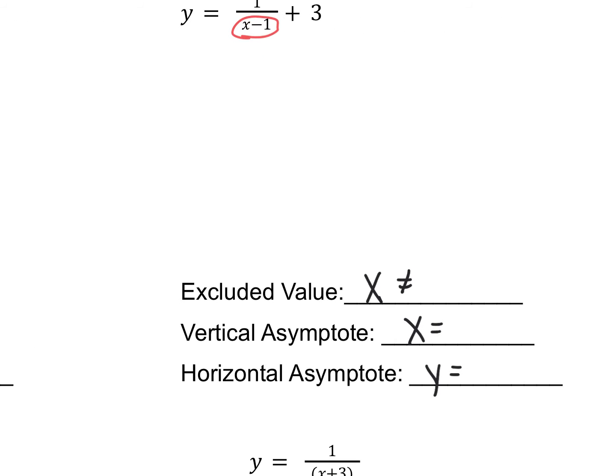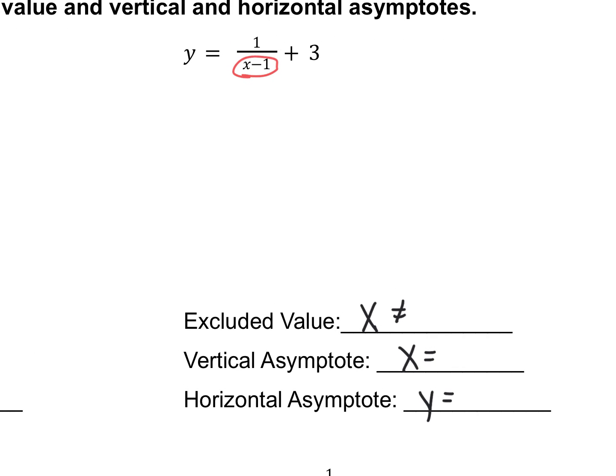I know that it's going to be the opposite of that. Or if I look at -1, I know that that's going to go right 1. So it's going to be x equals +1. Okay. The horizontal asymptote is y equals. So I'm going to find the y. And the y, that's going to be y equals 3.